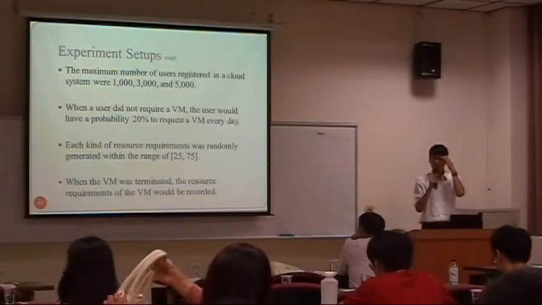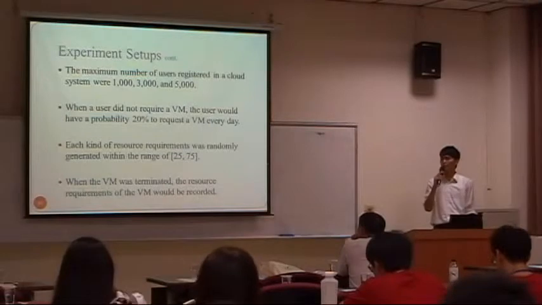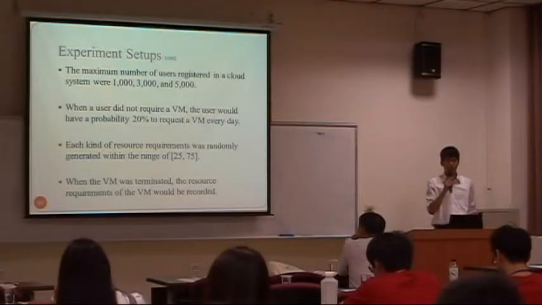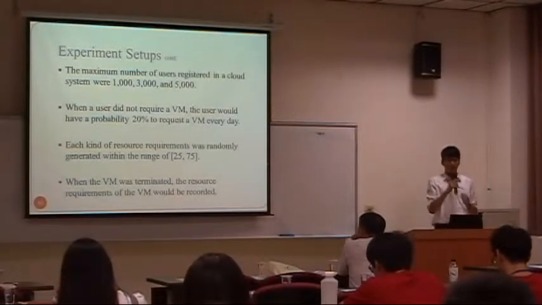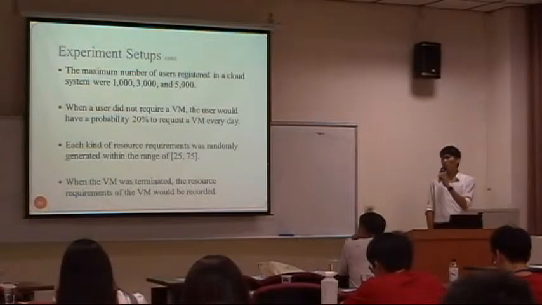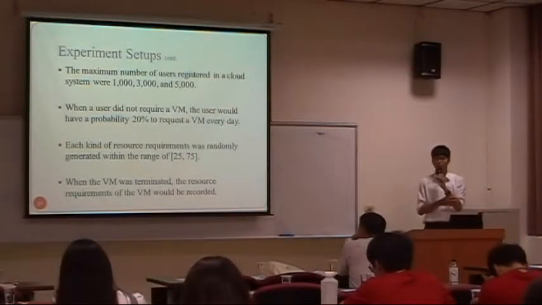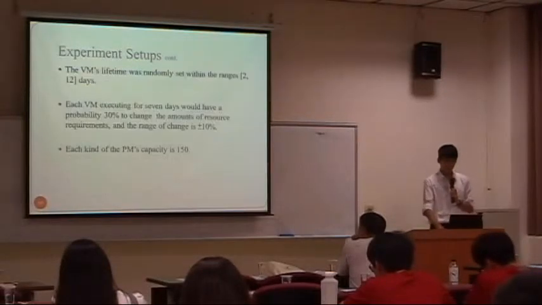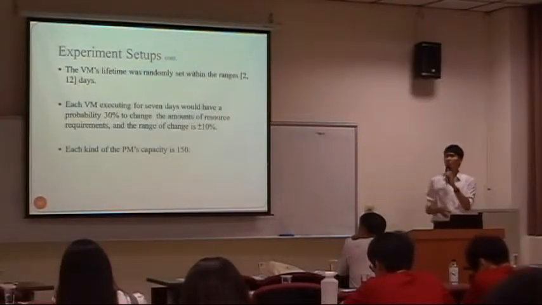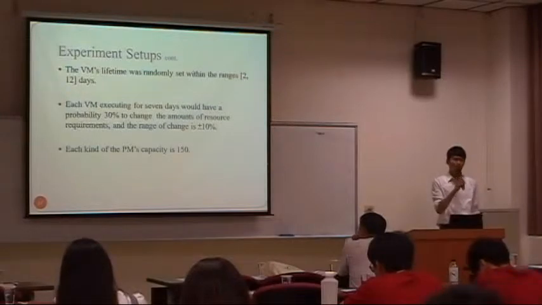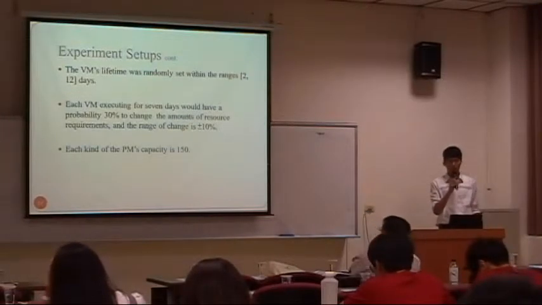Each kind of resource requirement was randomly generated within the range 25 to 75. When a virtual machine is terminated, its resource requirements will be recorded. The virtual machine's lifetime will be randomly set within the range 2 to 12 days.